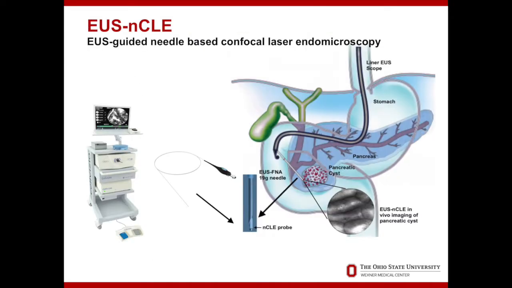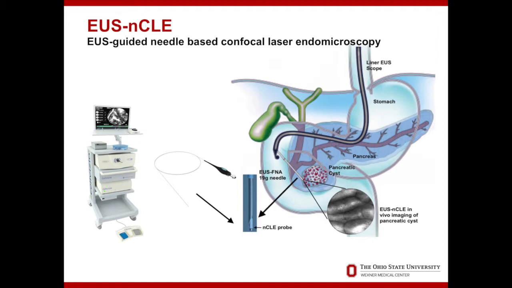Here is the basic setup for EUS-guided needle-based confocal laser endomicroscopy. There is an endomicroscopy processor to which the probe is connected. The endomicroscopy probe, otherwise called the AQ-Flex probe, which is less than 0.9 millimeters, is preloaded in a 19-gauge needle.